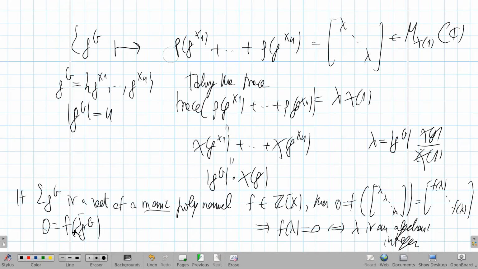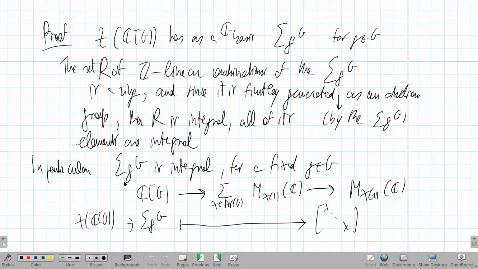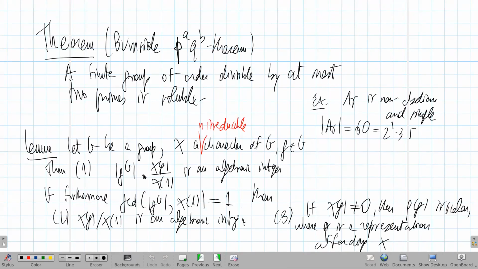I mean, this element here is a root of f, and then this lambda is a root of f, and then lambda is an algebraic integer. And of course, lambda is exactly this element here, as stated in the theorem, okay, in the lemma. This is an algebraic integer.